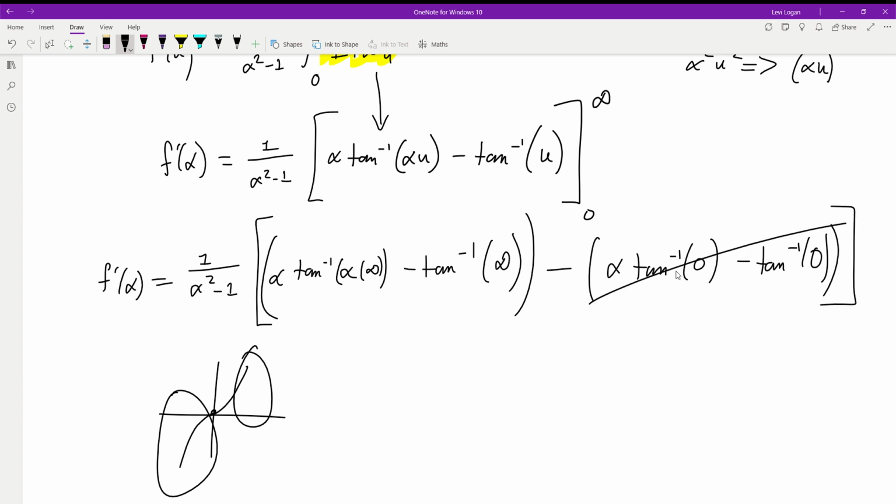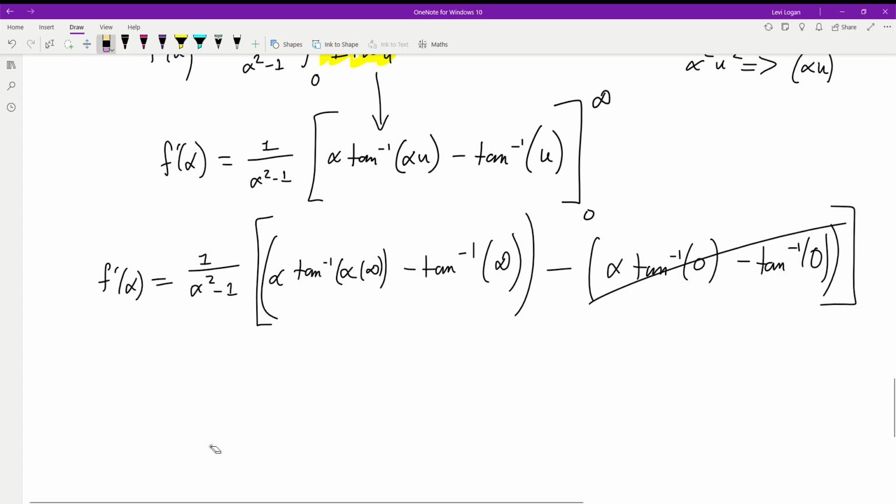So that's all gone, that's 0, and now we're pretty much going to evaluate these little bits here. So this turns into pretty much pi on 2, and this also turns into minus pi on 2.